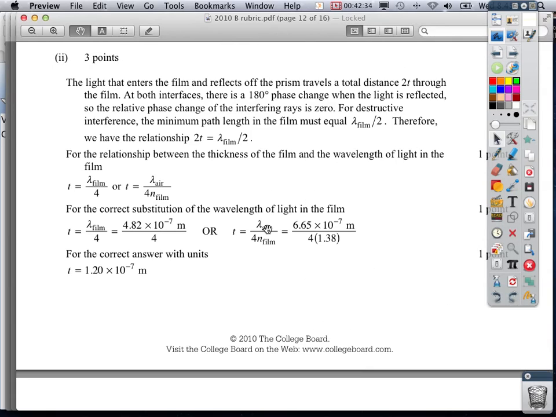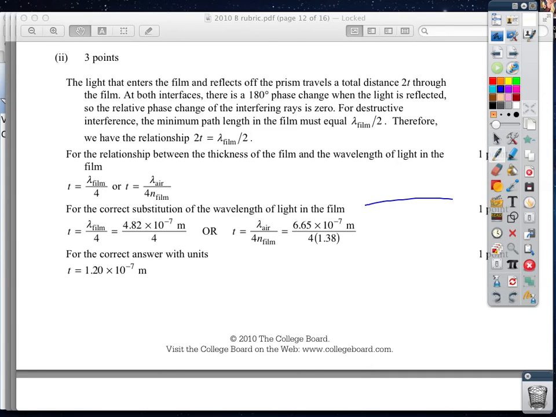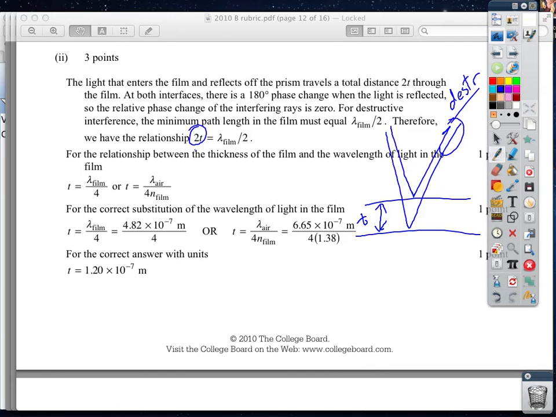Remember this? It's just the path difference, like when it goes through the film, like this, this right here is T. So we know that these two up here have destructive interference because they told us that the intensity was near zero. So that's where this whole thing comes from. 2T comes from this, and then lambda over 2 comes from destructive interference.